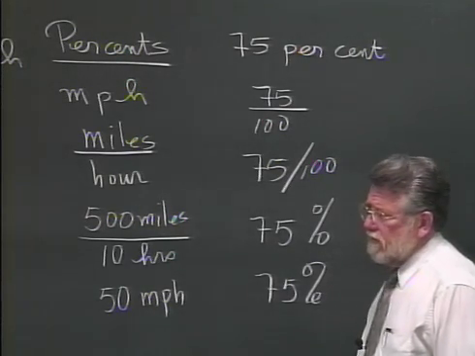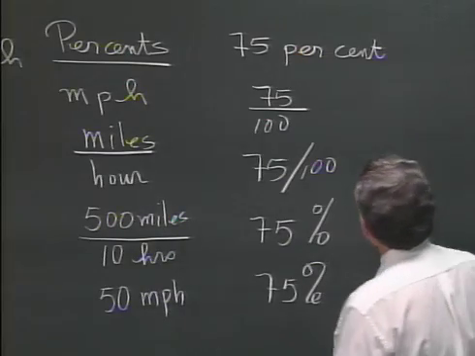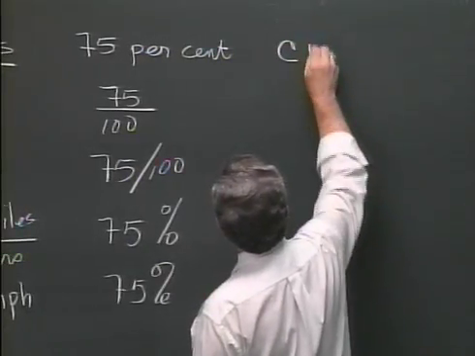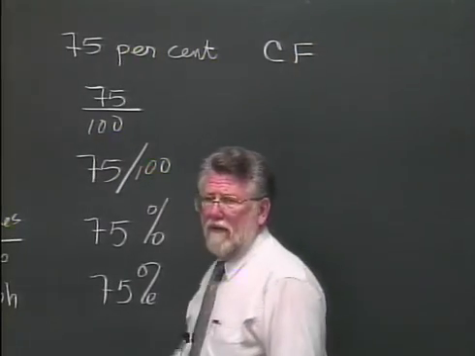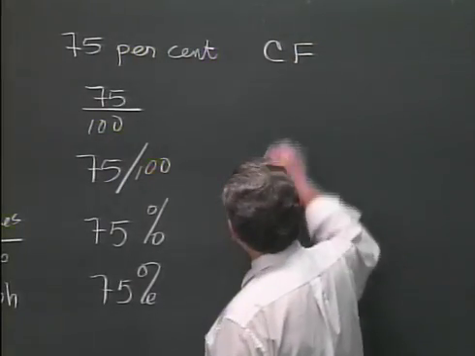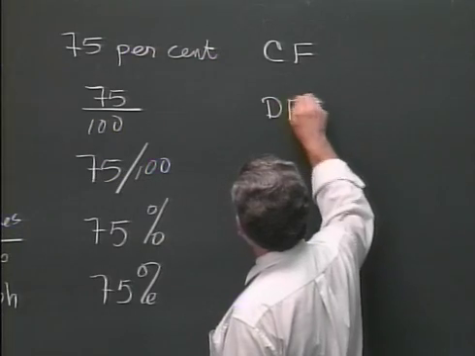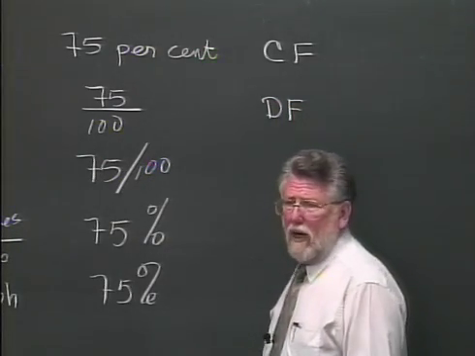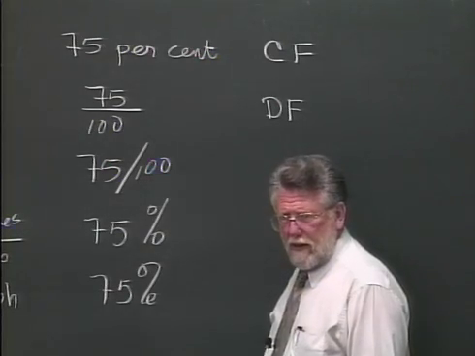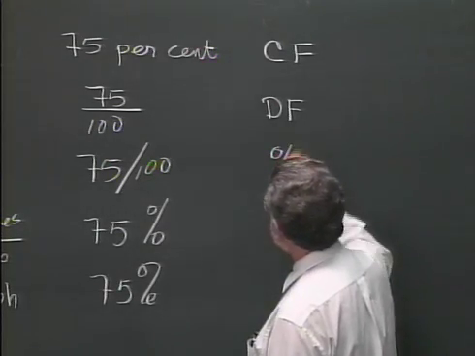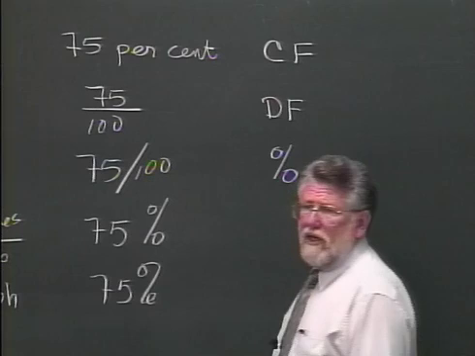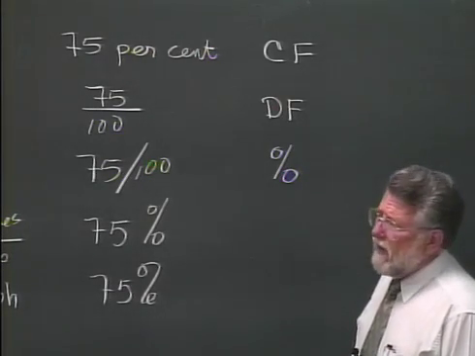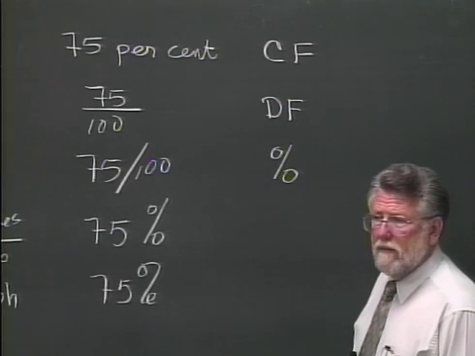So the question, if I have these three things now, I had a common fraction, I'm going to call that CF, common fraction. And we have decimals, which we called decimal fractions. But remember, a decimal fraction is just your standard operating decimal. And then I'm going to have a percent. Now this review is about starting with any one of these and going to the other two.